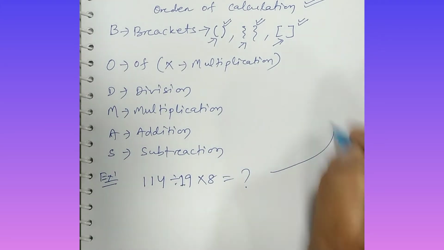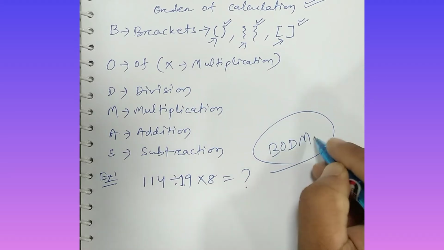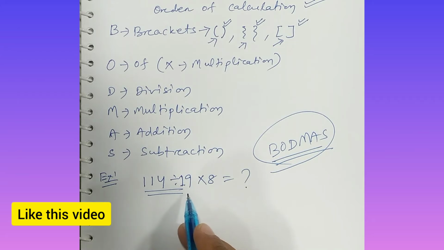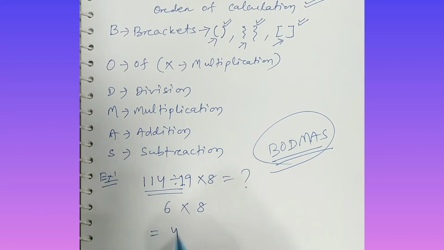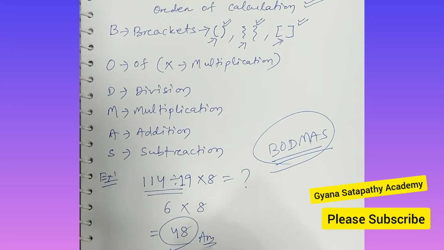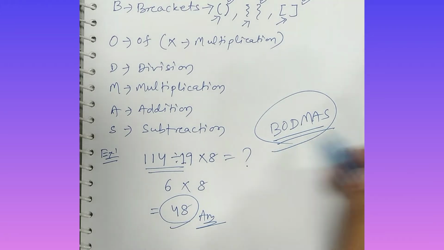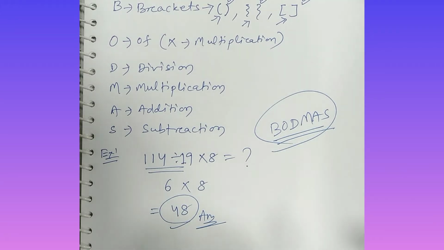First you have to do the division: 114 divided by 19 is 6, then 6 into 8. So the answer is 48. If a person does the multiplication first, they will obviously get the wrong answer, because you have to follow the BODMAS rule.